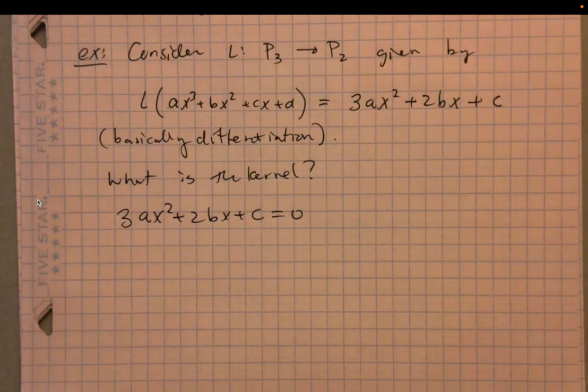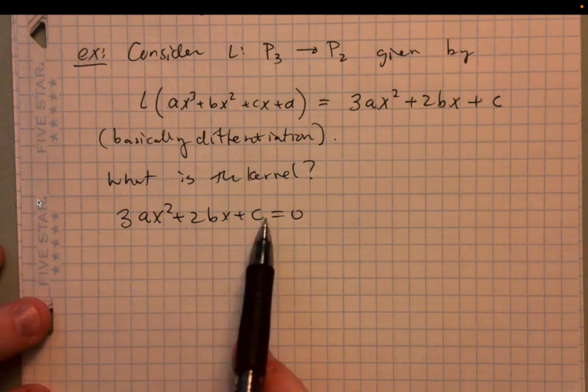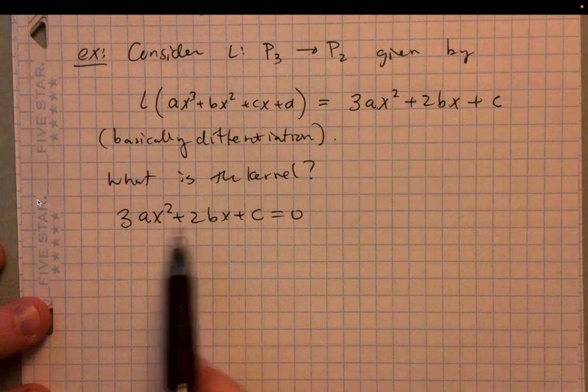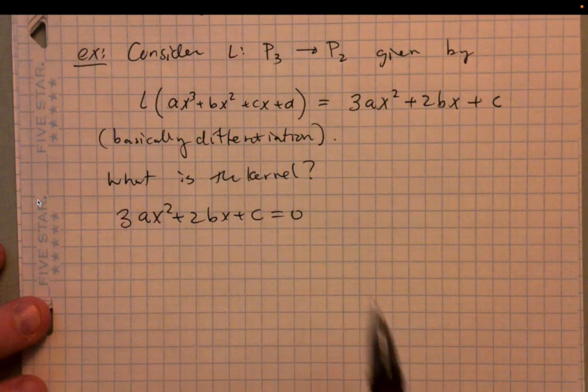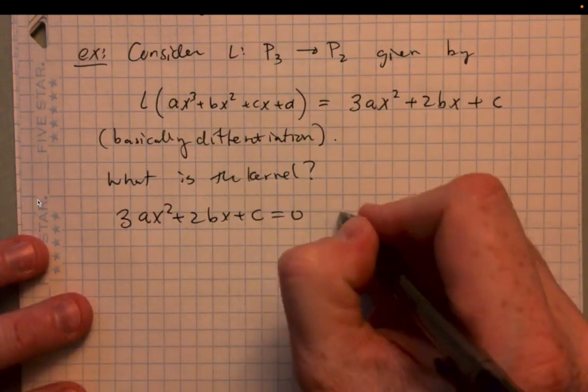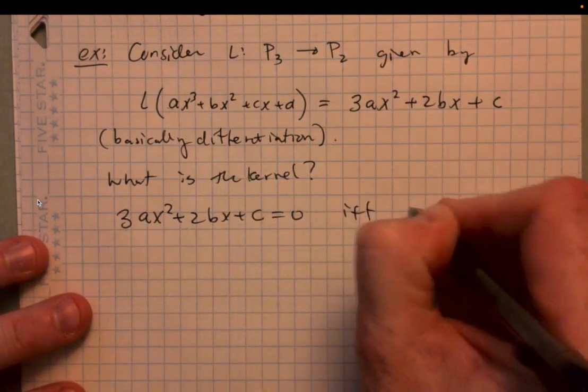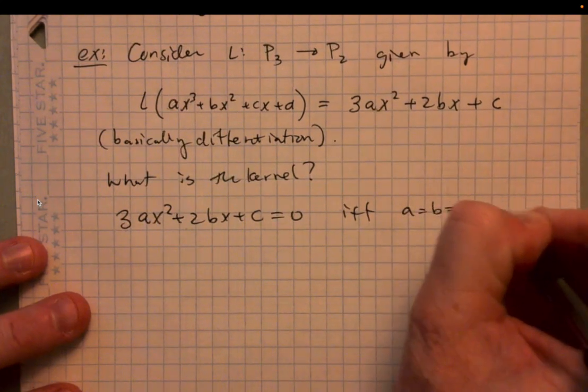When is that going to happen in the case of a polynomial? Looking at this, the only time you're going to get a 0 on this term is if a is 0, and the same for the others. So if and only if a equals b equals c equals 0.